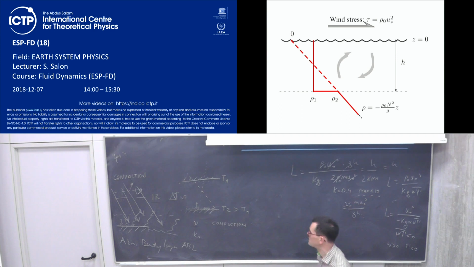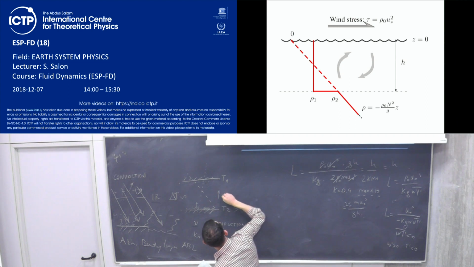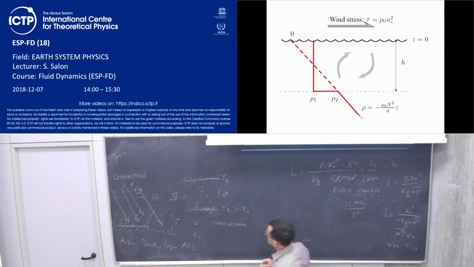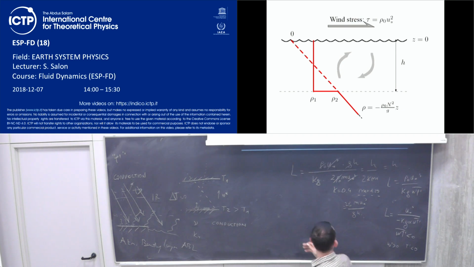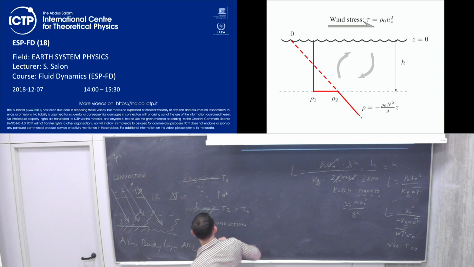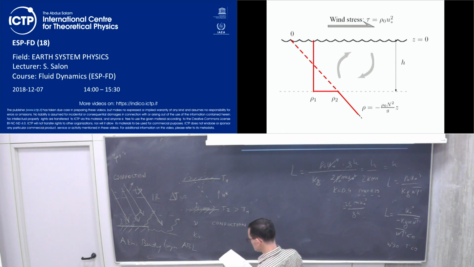unstable stratification profile. So we can again consider a scale for our vertical velocity, W star. So I'm using now W star similarly to what we did before with U star. So it's the scale of the vertical velocities.